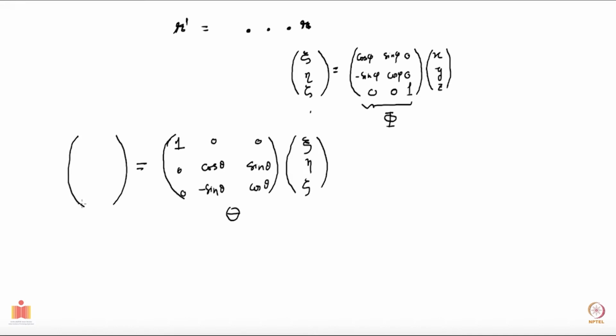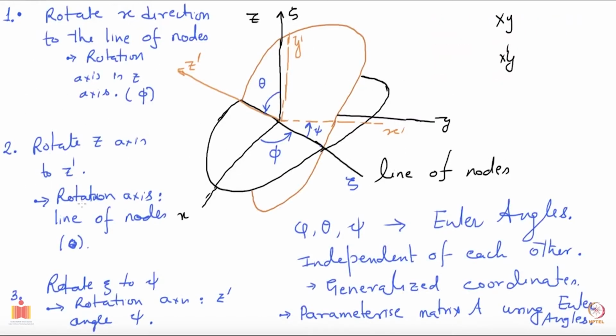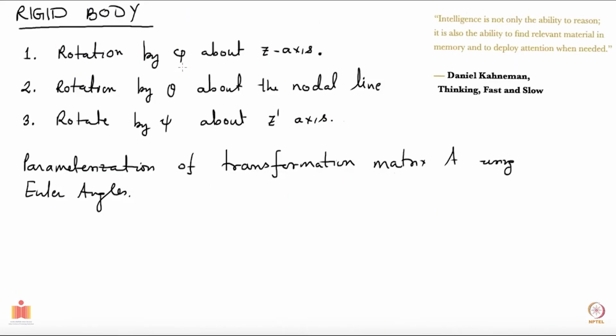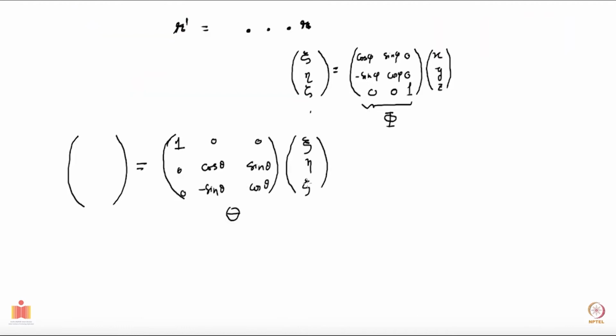And then third rotation, and before that let me label these. Now after this, what has happened is my zeta has become z prime. So let me write z prime here. And let's call these intermediate values xi prime and eta prime. Good.